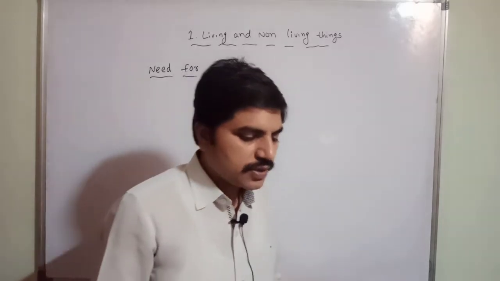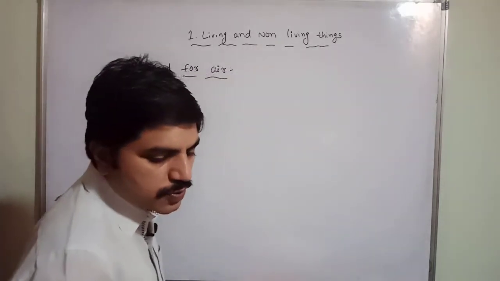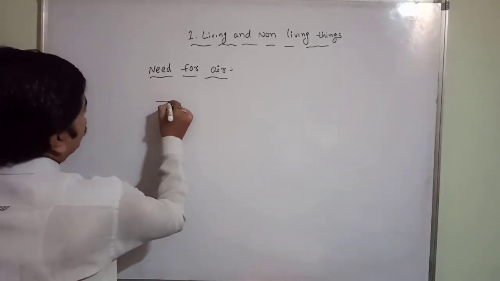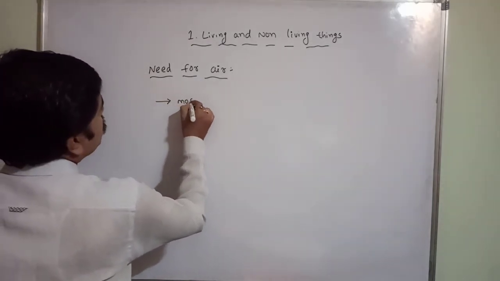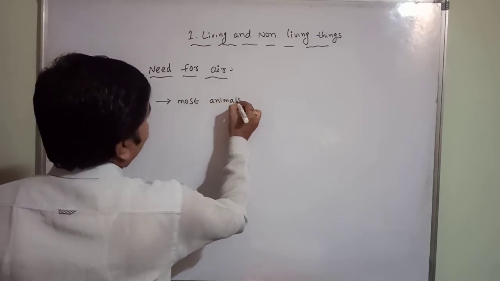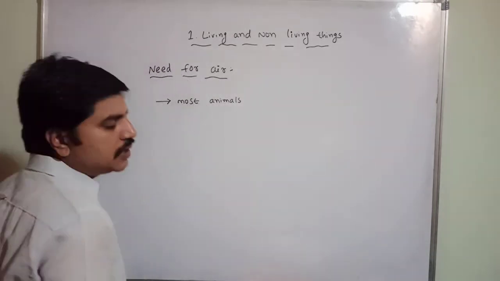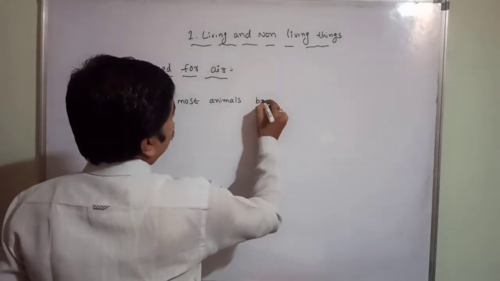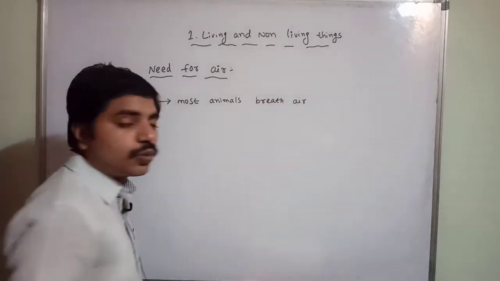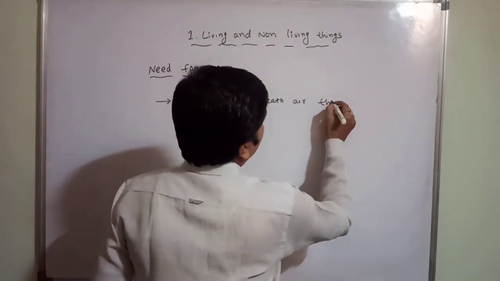The first point is to stay alive. Most animals breathe air through their nose. First point is, most animals can breathe air through their nose.